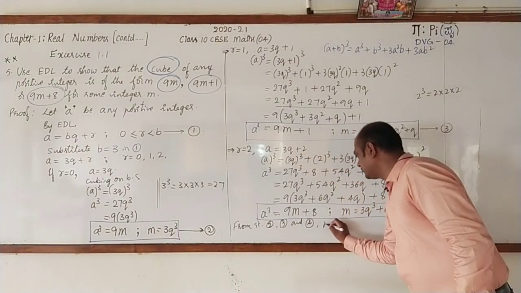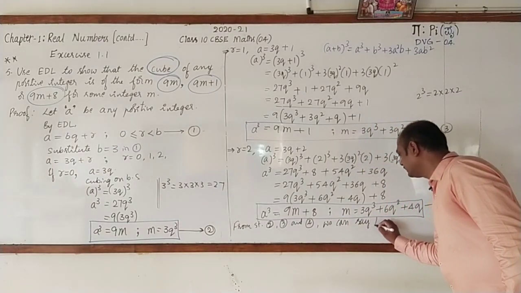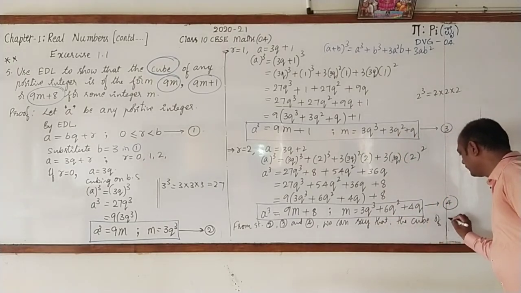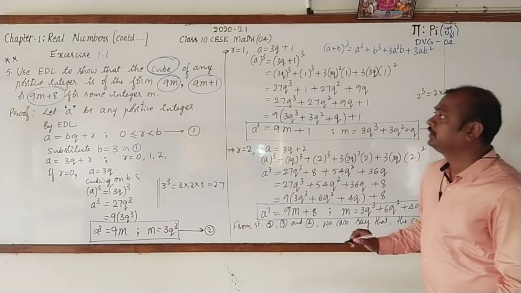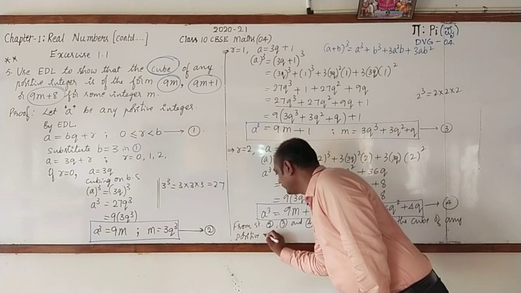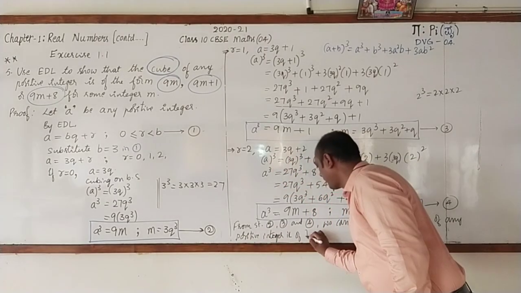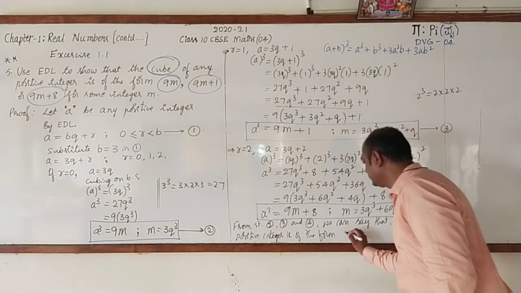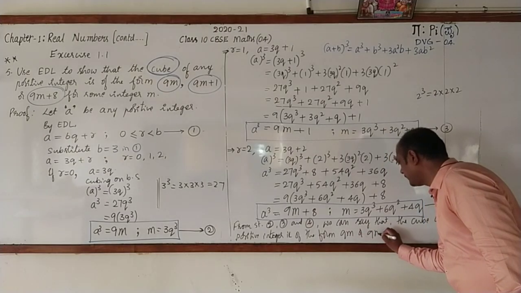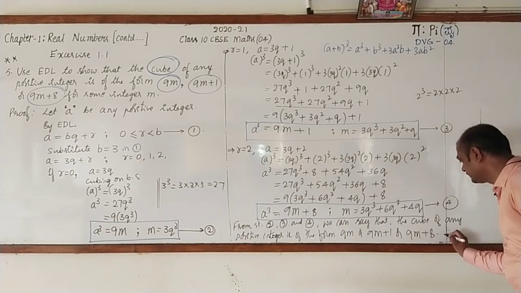We can say that the cube of any positive integer is of the form, in which form it is? It is either 9m or 9m plus 1 or 9m plus 8.